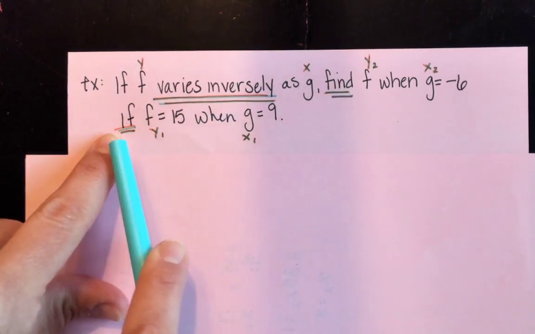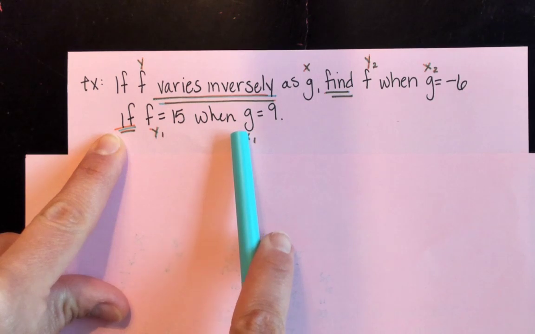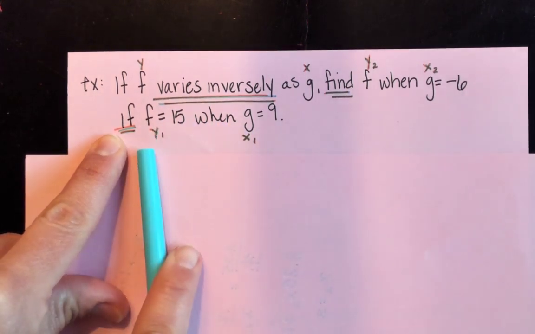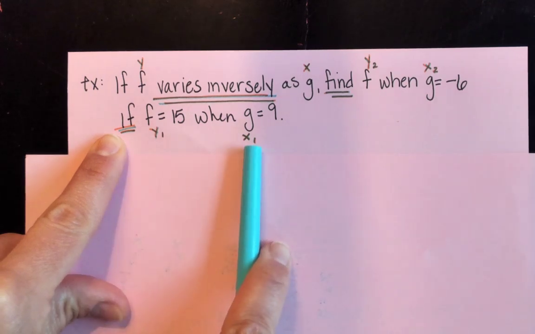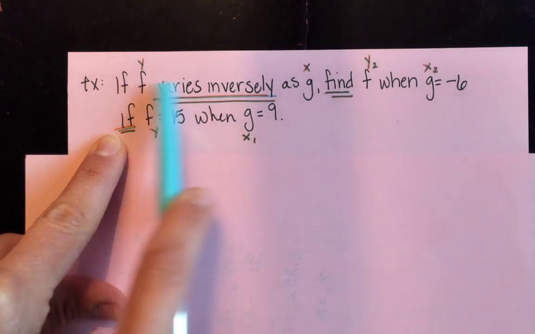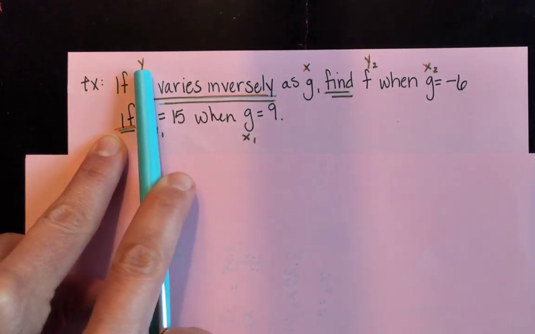Here is still part of the initial explanation, our hypothesis. So here's our y1, and here's our x1. And again, I'm now disregarding what was written in the problem. I'm looking directly up here at the y and the x that I've labeled.